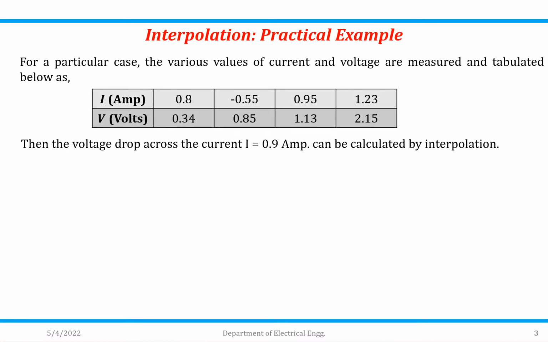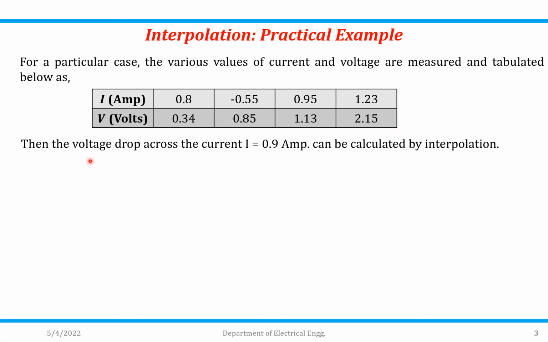Let us consider a practical example for interpolation. For a particular case, the various values of current and voltage are measured and tabulated: for 0.8 ampere current the voltage is 0.34, for 0.85 it is 0.55, for 0.95 it is 1.13, and so on.